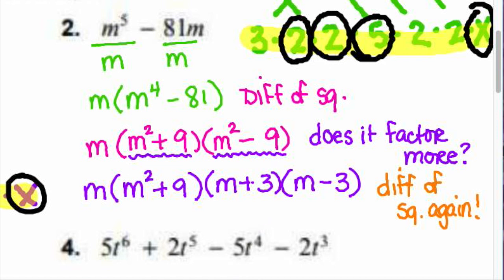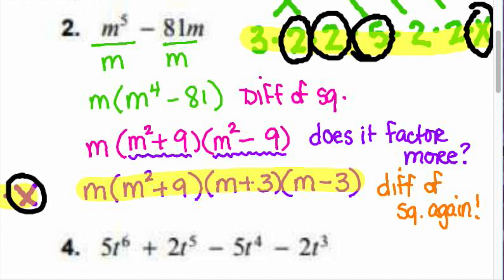Is m plus 3 a sum of cubes, difference of cubes, difference of squares, or neither? Okay, that one would be neither. Here, m minus 3, sum of cubes, difference of cubes, difference of squares, neither, or none of the above, right? This one would also be none of the above. So this is your final completed factored form for this one.